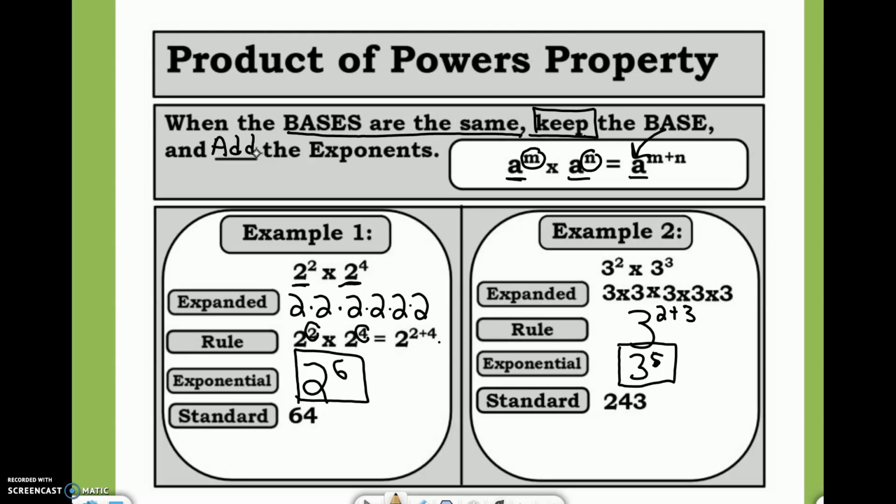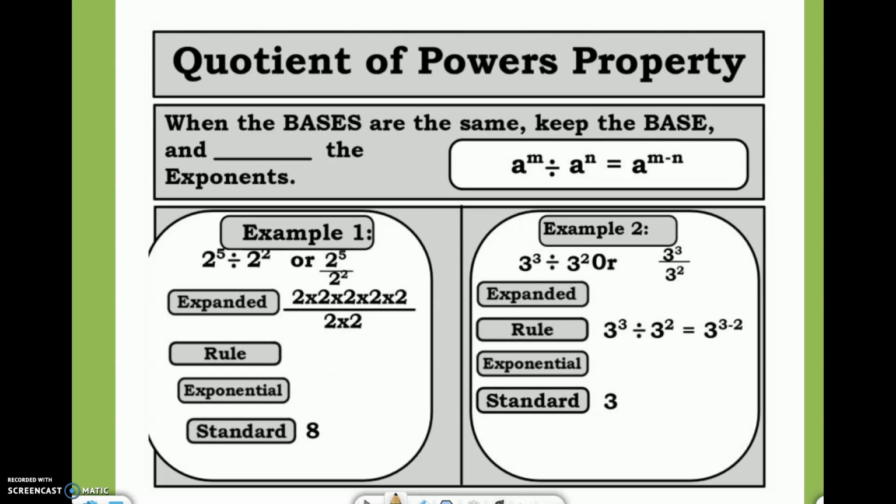All right, let's take a look at the next rule. The next rule is quotient, which just means division. Okay, it's a fancy word for division. So when we divide, now you should know, I call this like the old-fashioned way, or you could write division as a fraction, right?